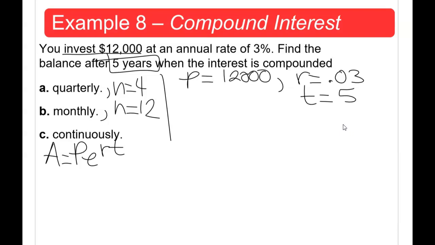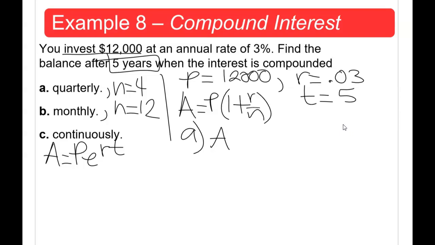All right, so let's do part A, and the formula is this. Let me just write it here. A equals P times parentheses 1 plus r over n, parentheses, to the power nt. On the first one, principal is 12,000.